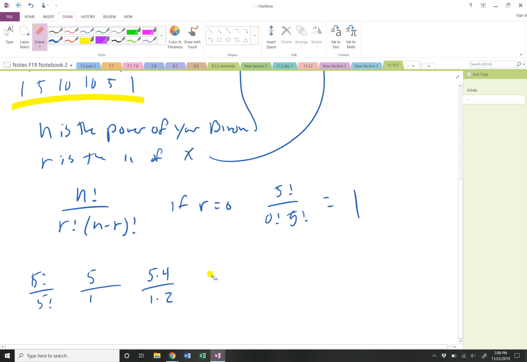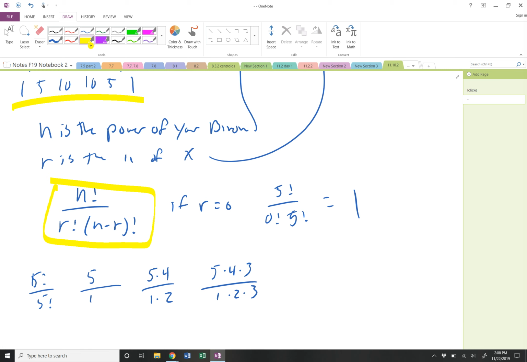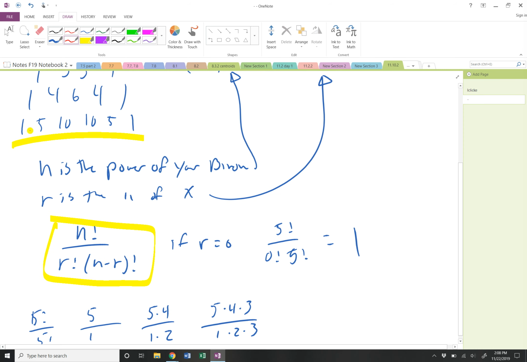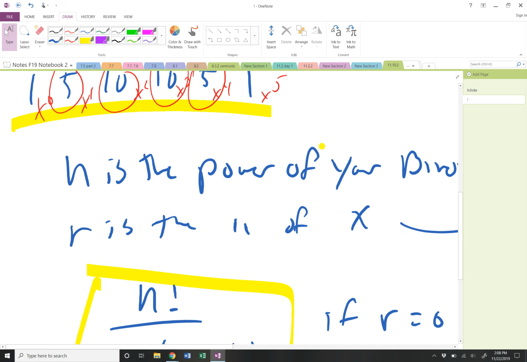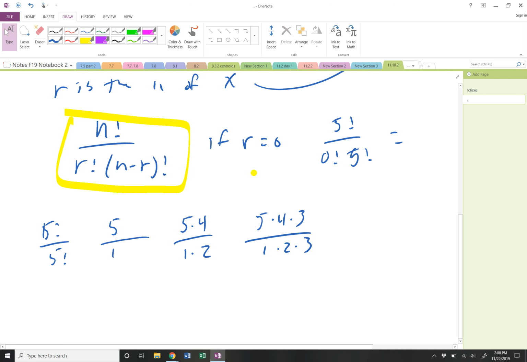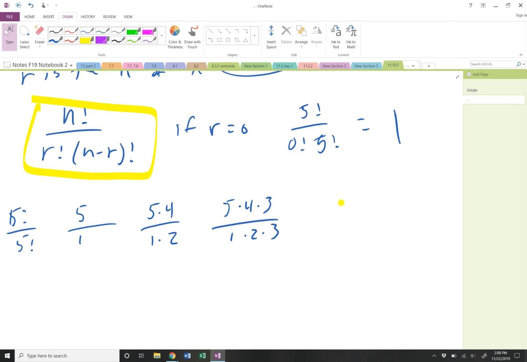Then 5 times 4 times 3 over 1 times 2 times 3. So I'm just applying this formula to each of these terms. This is x to the 0, this is x to the 1, this is x squared, this is x cubed, this is x to the 4th, this is x to the 5th. I just started writing out those, and if you simplify them, this is what you get.